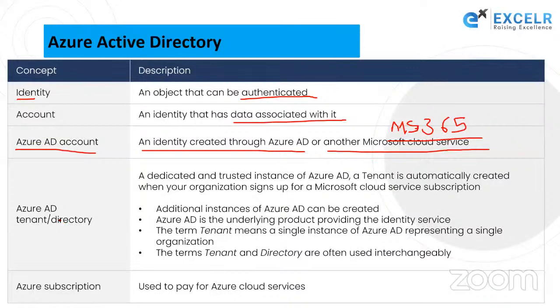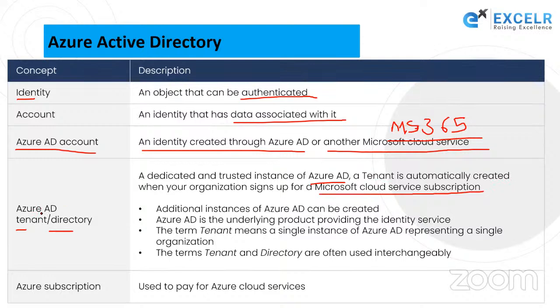Then we have an Azure Active Directory tenant or a directory. This is nothing but a dedicated, trusted instance of your Azure Active Directory. A tenant is automatically created whenever your organization signs up for any Microsoft Cloud Service subscription. So whenever I created my account, a tenant was automatically added to my account.